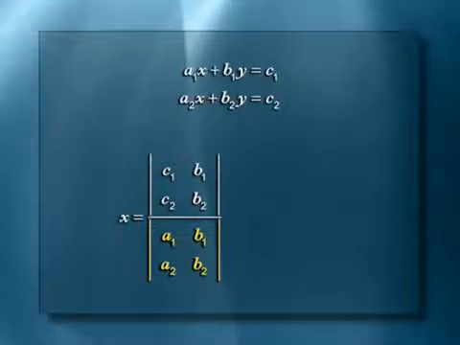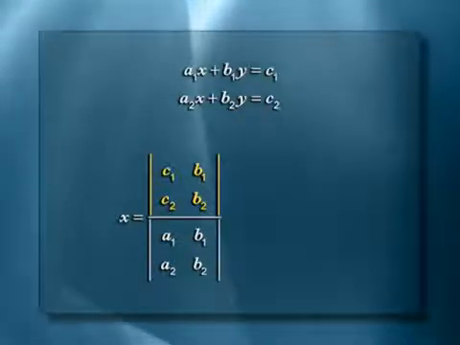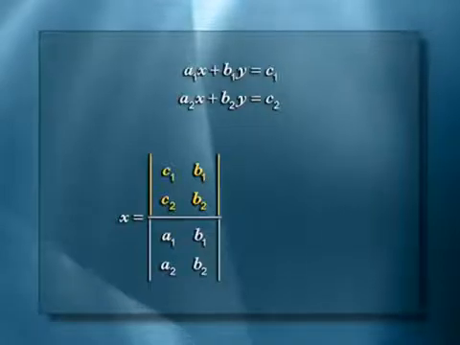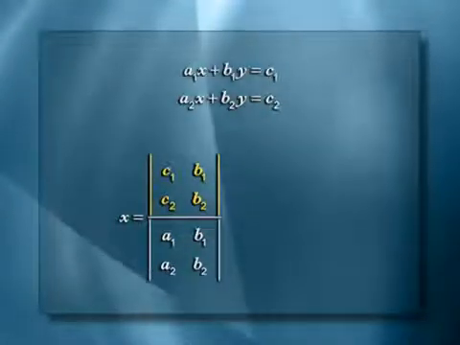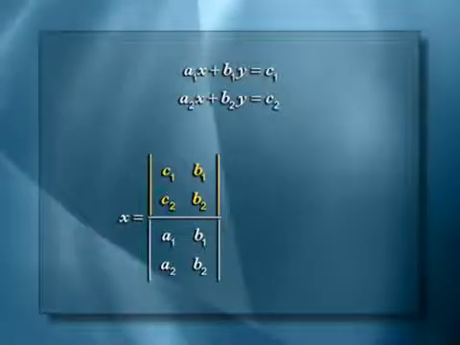Now, what's the numerator? Well, the numerator is almost the same thing, except because you're finding x, the first variable, you replace the first column, which used to be a1, a2, with the right-hand side, c1, c2. So the first column is c1, c2, the second column is b1, b2. That's the value of x. It's a determinant divided by another determinant.